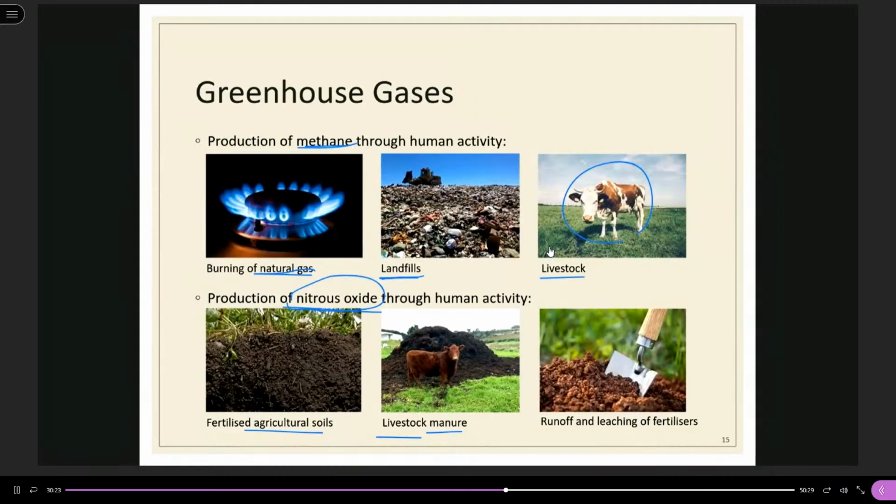We humans need food, so we need agriculture. We need to plant vegetables, and the vegetables to feed the livestock. As long as we humans need food, there will be nitrous oxide produced from these activities.